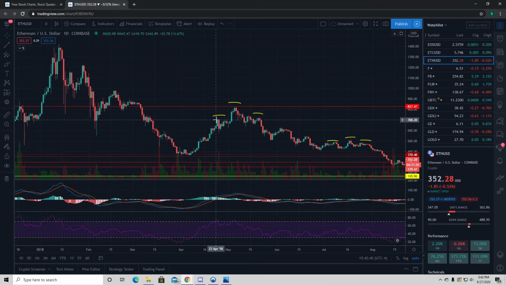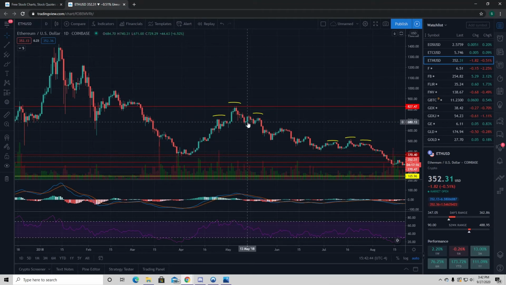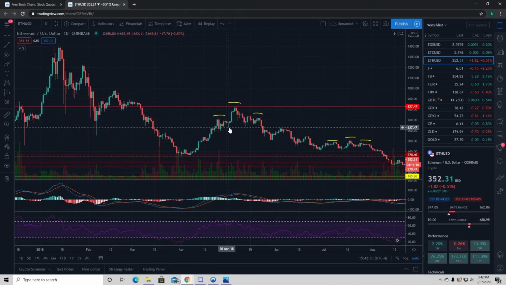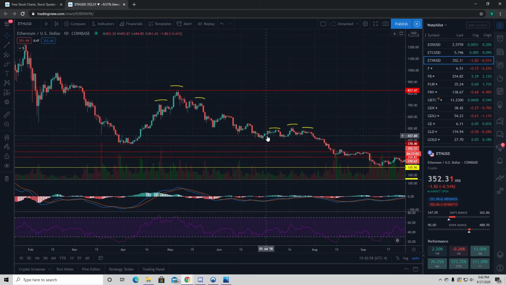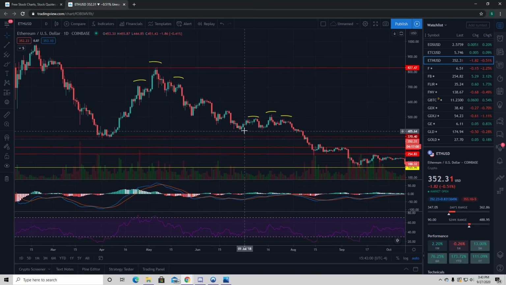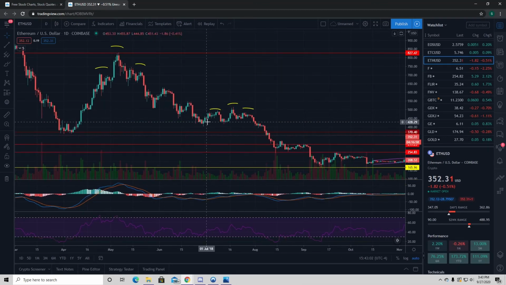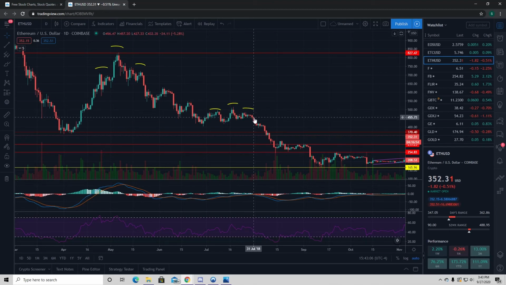You had your shoulder. You had a high, a higher high, and then we were never able to get back above there. What happened? This neckline here broke, came on down. Now, it continued a trend on down, and then what did we get? We got another high, higher high, lower high.